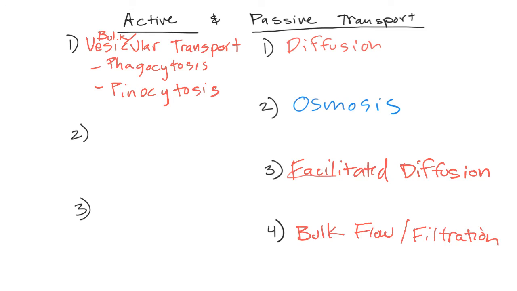All right, what are some other active transports? Primary active. Okay, what does that mean? Well, you're using ATP to move one thing in one direction.